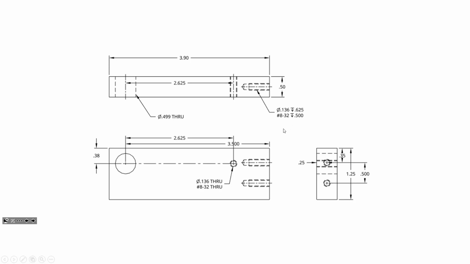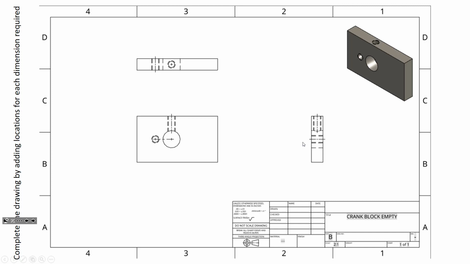Right, and you can see that with the depth information here, so this is hidden, but we'd want the whole depth added to the end view, the right side view. All right, so here's an example of a setup for the crank block, and you would want to make sure that you had size and shape for each feature.